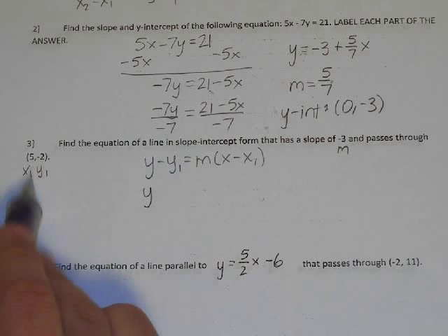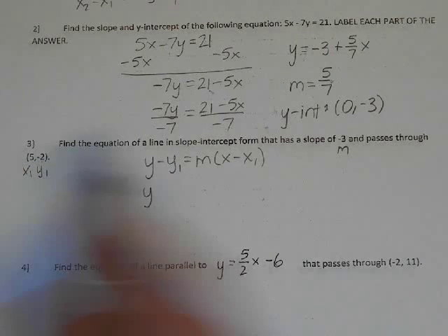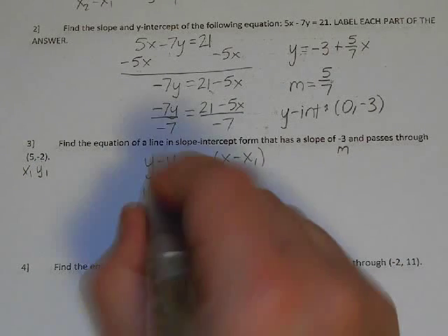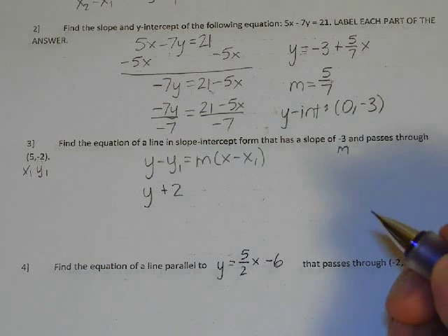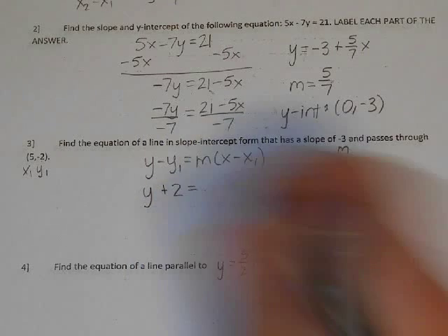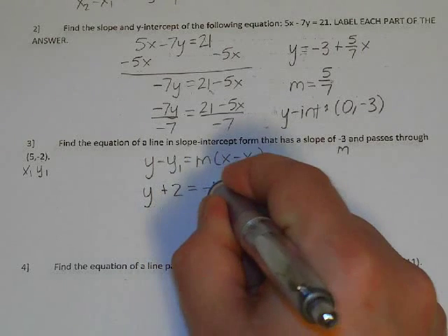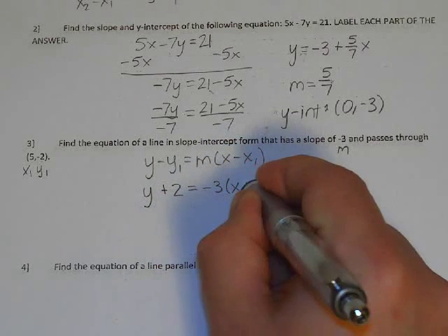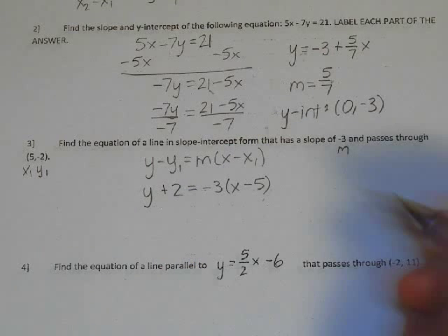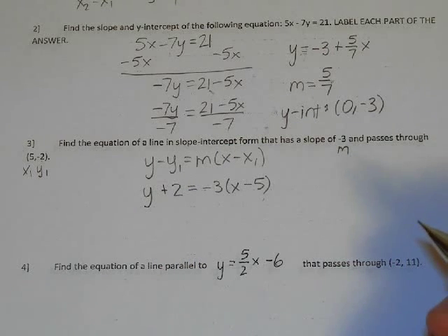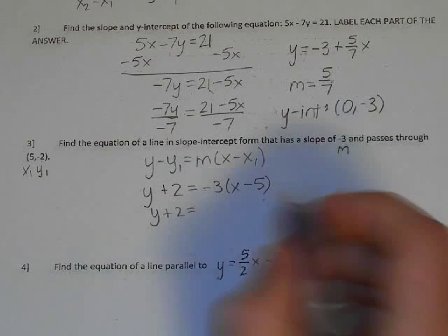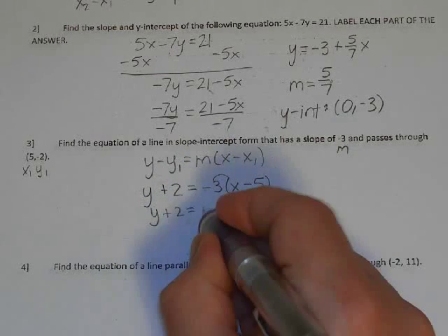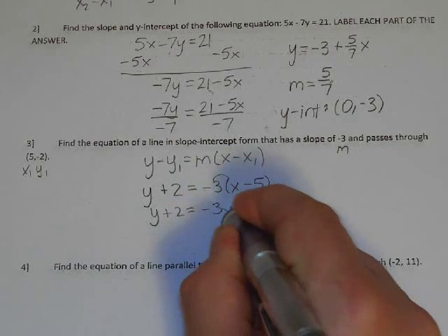Now when I do the left side of the equation, I get y minus negative 2. Now you could write y minus negative 2 here, but I'm going to recommend just go ahead and simplify it to y plus 2, equals negative 3 times x minus 5. So using the distributive property to get rid of the parentheses, negative 3 times x is negative 3x.